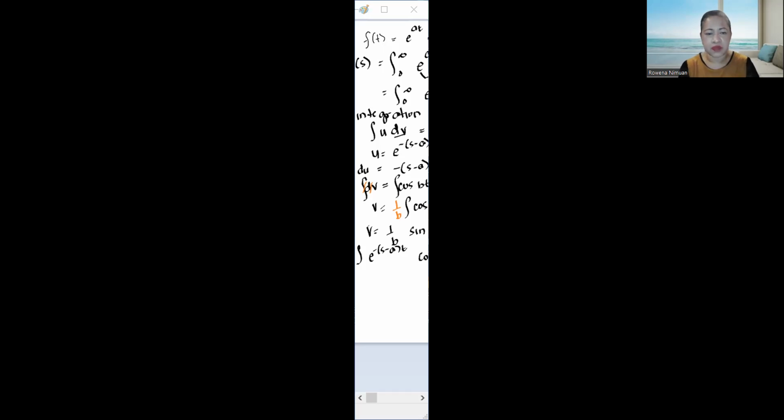So going back to the original equation, our transformation will be s minus a over s minus a squared plus b squared.